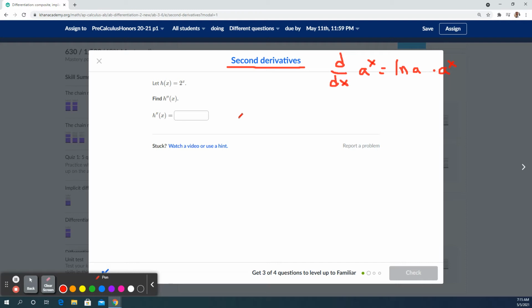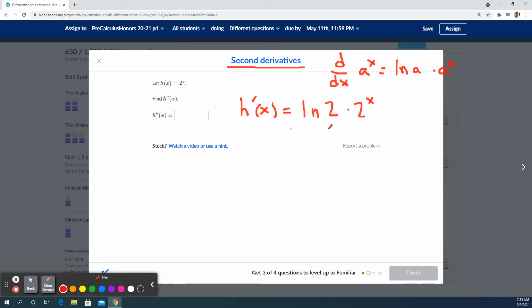So h prime of x is equal to, so this is 2 to the x, so the a, the number that's the base, is the 2. That goes in the natural log, so it'd be natural log of 2 times, and then we repeat the exponential function, 2 to the x. Okay, that's all there is to it.